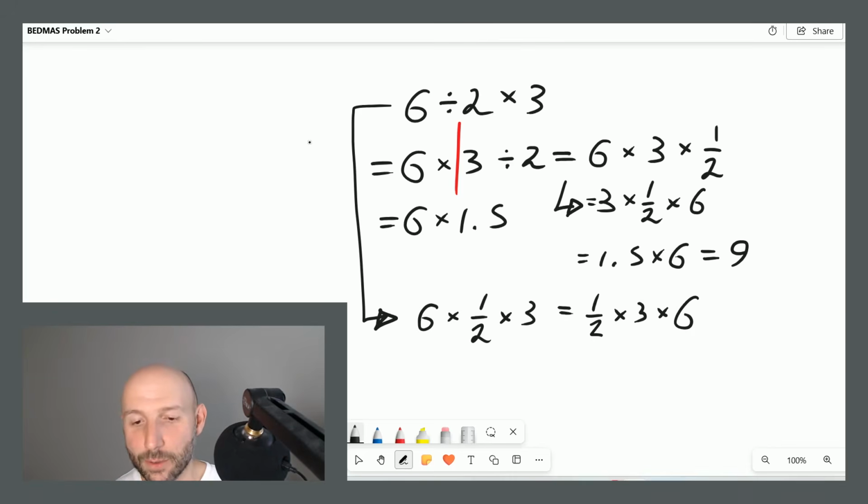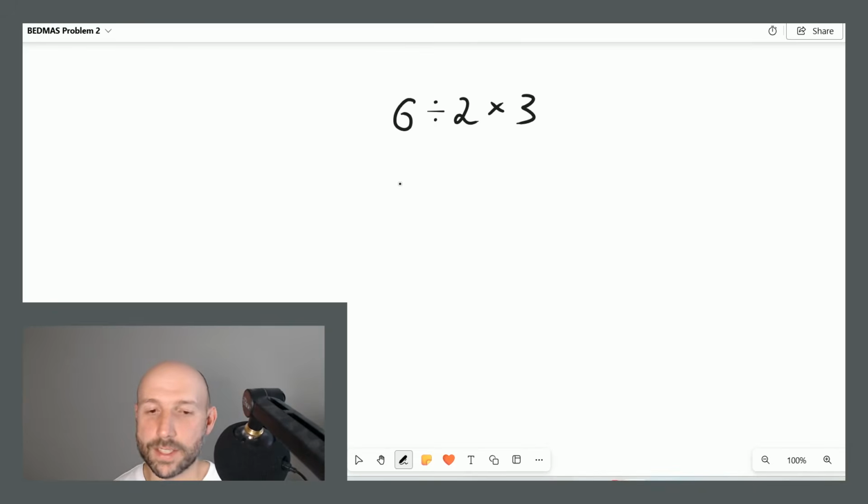You can do it in any order. And you have 1.5 times 6, which is 9. That's why it's not a case of separating the 3 from the multiplication, because you're just doing 6 times 3 times 1/2. And you can multiply those 3 in any order.